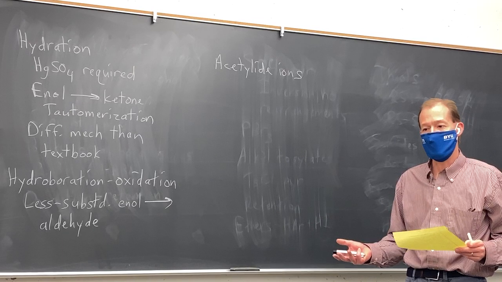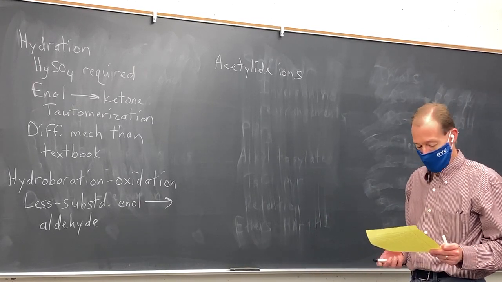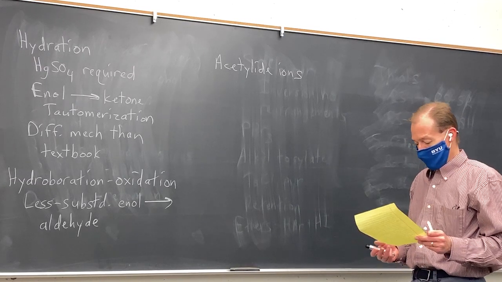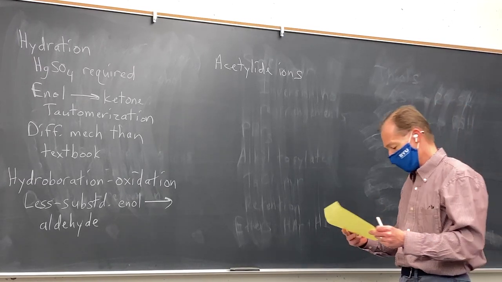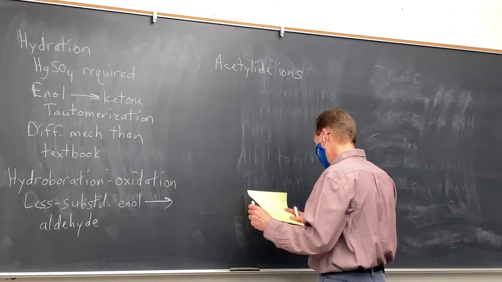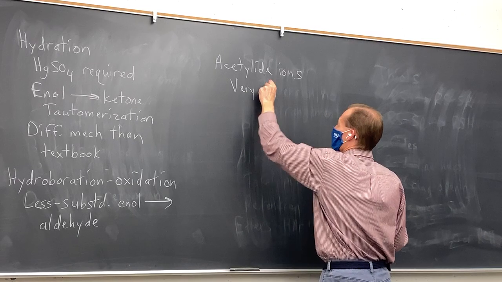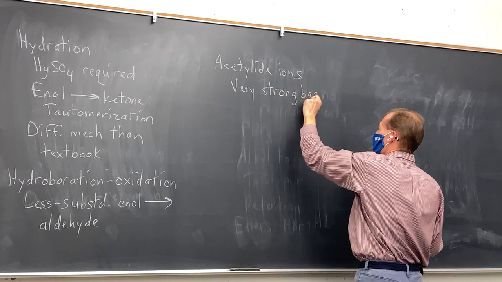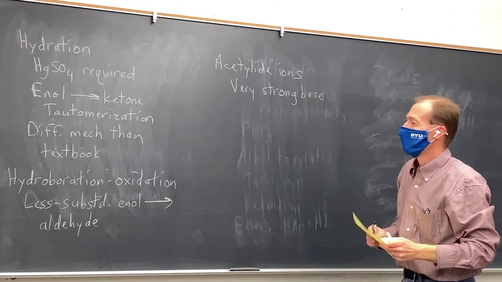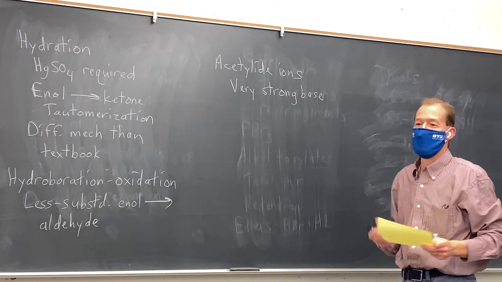We learned that back in chapter 2, related to the hybridization effect in acidity. And so we know that to deprotonate a terminal alkyne, we need a very strong base. So a very strong base will react with a terminal alkyne to remove that proton and generate an acetylide ion.